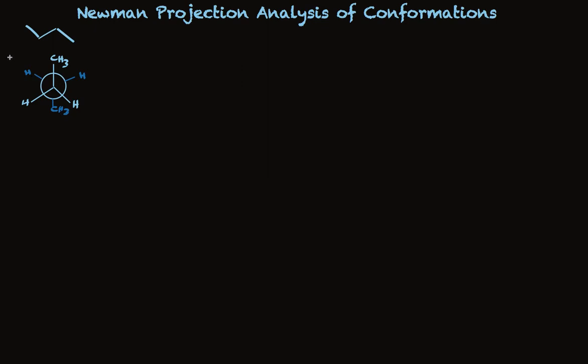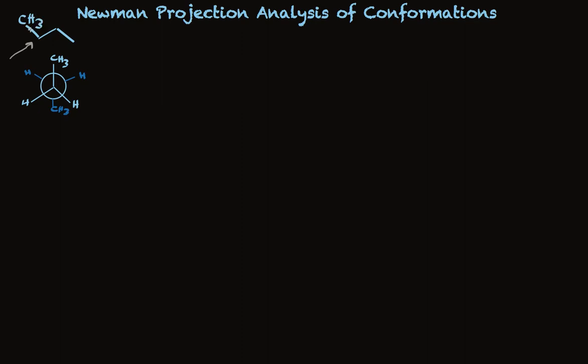We're looking along this carbon-carbon bond, and carbon 1, the first carbon that we come to, carbon 2 of the butane molecule, has the methyl group sticking up, and that's the one I've written in light blue in the Newman projection.